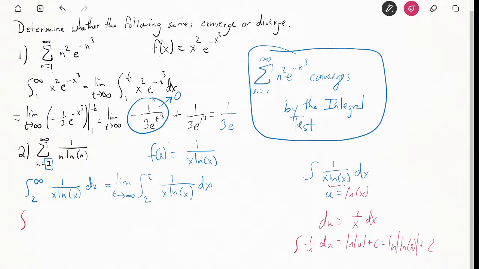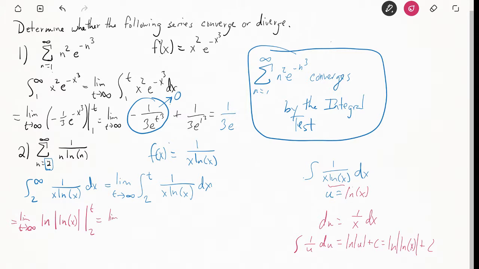Now, where can we go from here? Well, we have our integral. This whole thing equals the limit as t approaches infinity of natural log of x evaluated at 2 and t.